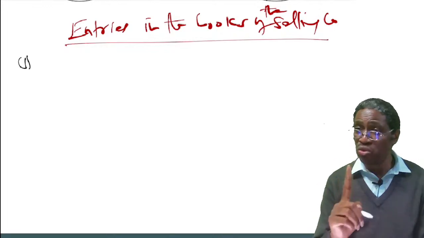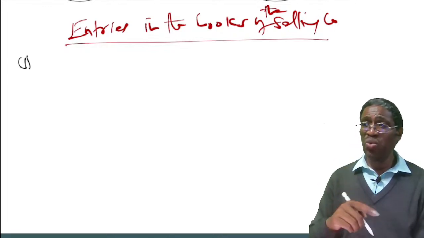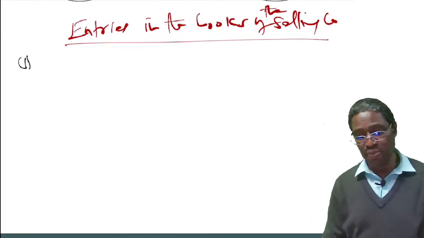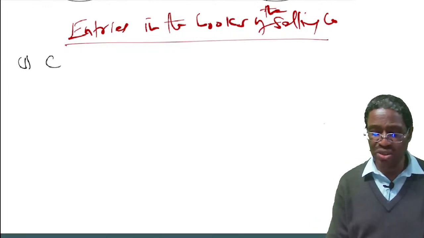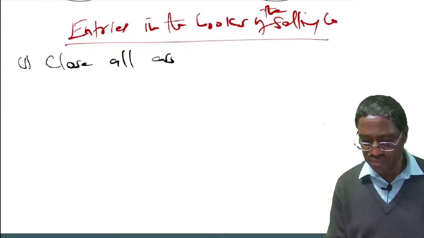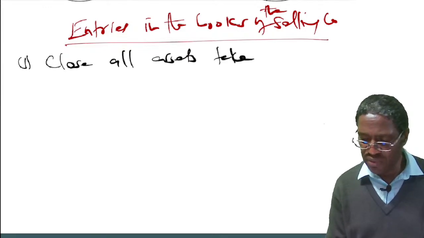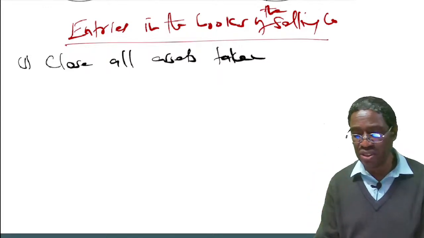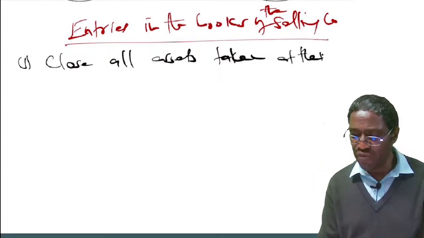So for the assets being taken over from you by the purchasing company, step number one is to close all assets taken over by the purchasing company at their book values.